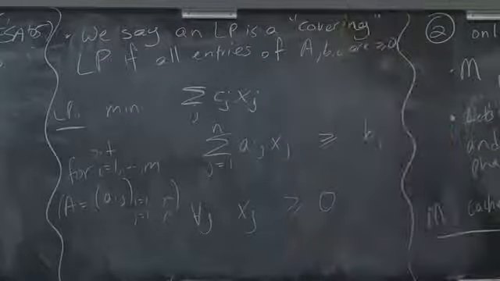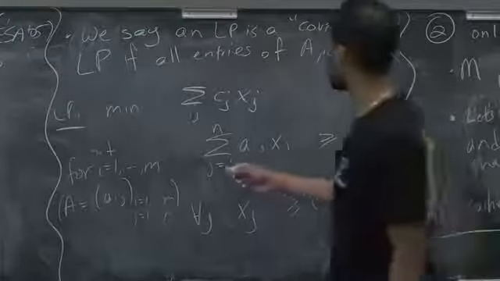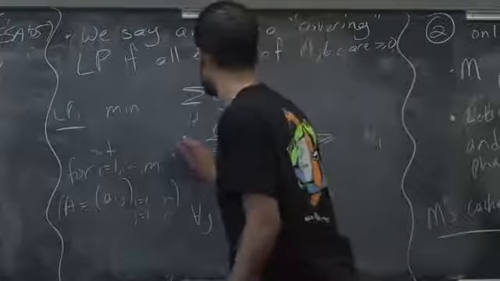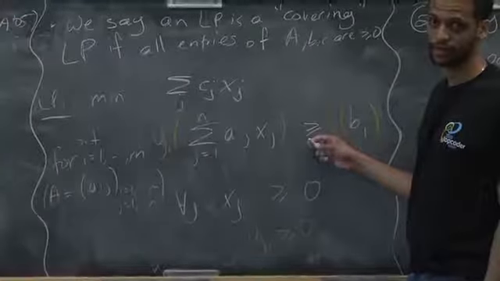So what's one way to do it? One way to do it is to multiply both sides of inequality i by some value yi. As long as yi is non-negative, the direction of the inequality doesn't change.